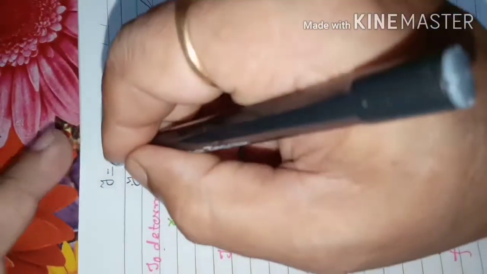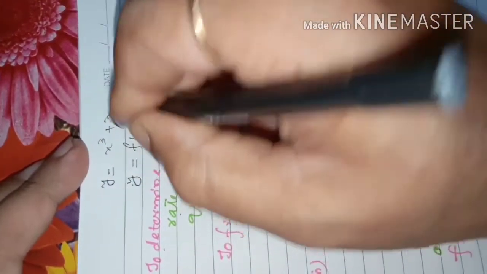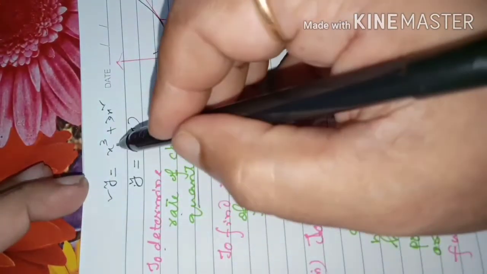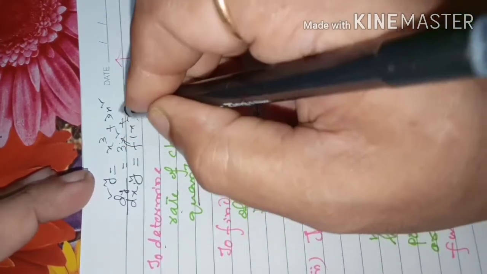Suppose y equal to x cube plus 3x square. Now how y is changing with respect to x will be found by finding dy by dx, which gives us 3x square plus 6x.